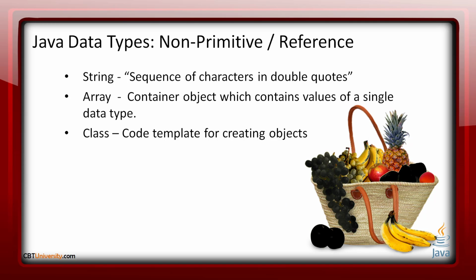It can be a string array which contains all the strings of information, and it can be an integer array which contains all the integer information. Class is a code template for creating objects. Class is the basic pillar of the Java language, and it's a blueprint for creating objects.